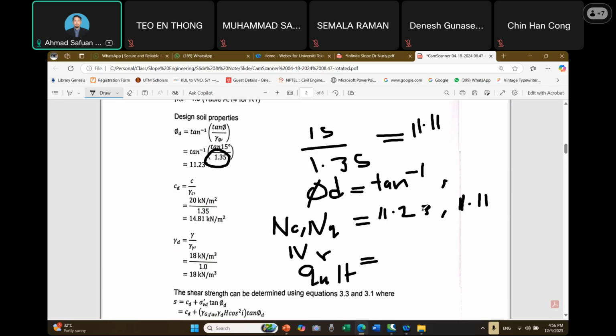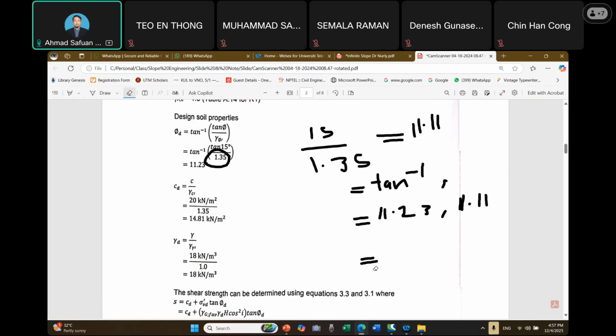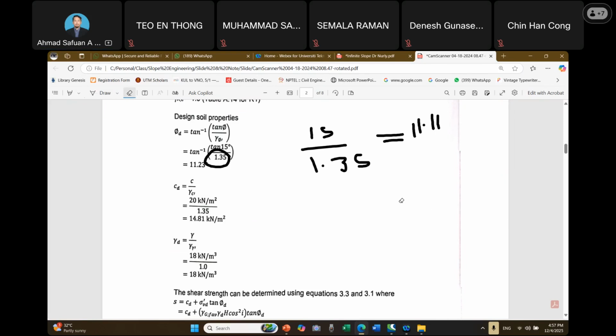Although at the first place it only has a very small difference, when we use it in the design of the foundation, we will get multiple errors in our calculations. So that is for phi.